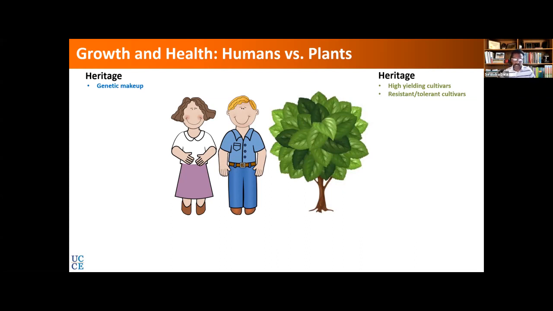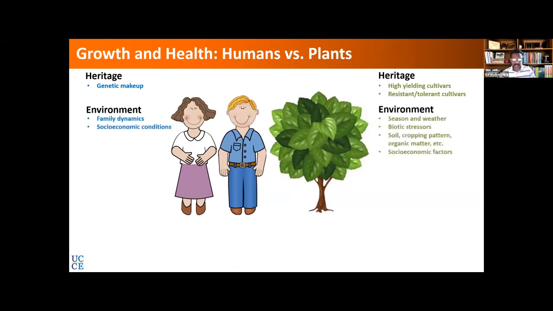But intelligence comes after, right? Mostly it is looks that get us into trouble. And then when it comes to plants, you can look for high yielding and disease or pest resistant traits and so on. So that is the start for either plants or humans.